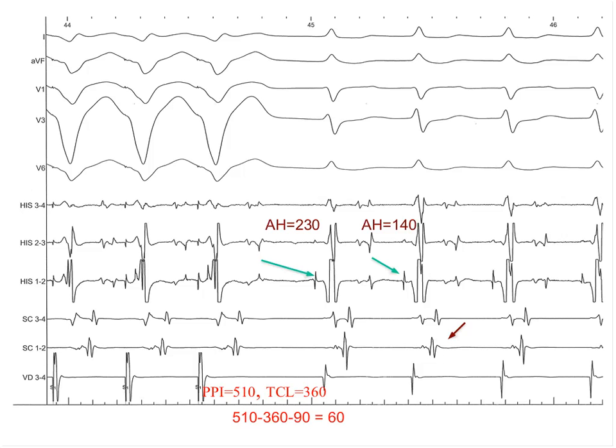So now for the correction, when you subtract the tachycardia cycle length, you should correct for the difference between 230 and 140, and that is 90 milliseconds. So now you come up with a number of 60. 60 milliseconds goes in favor of an accessory pathway-mediated tachycardia.